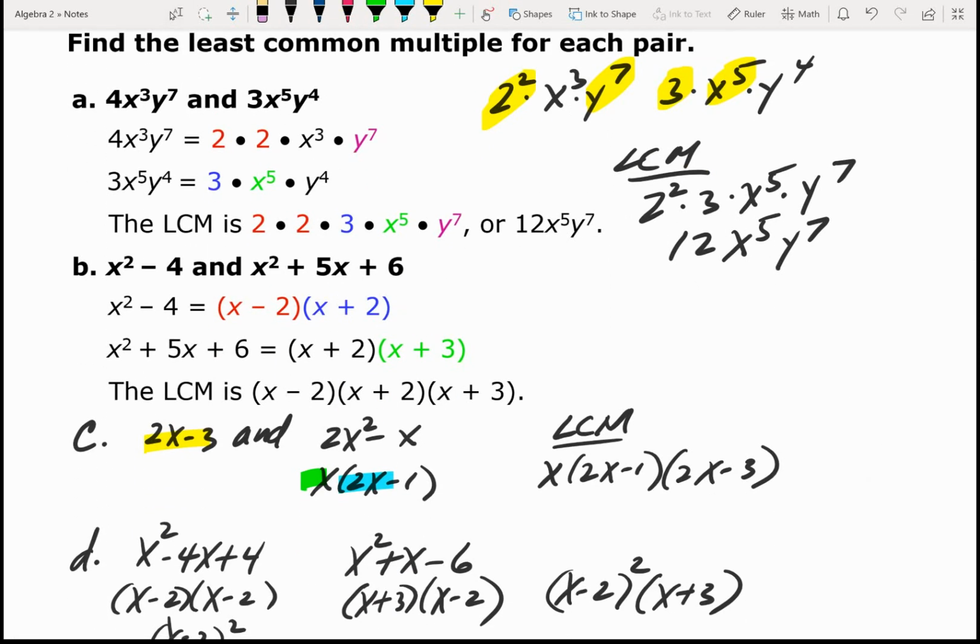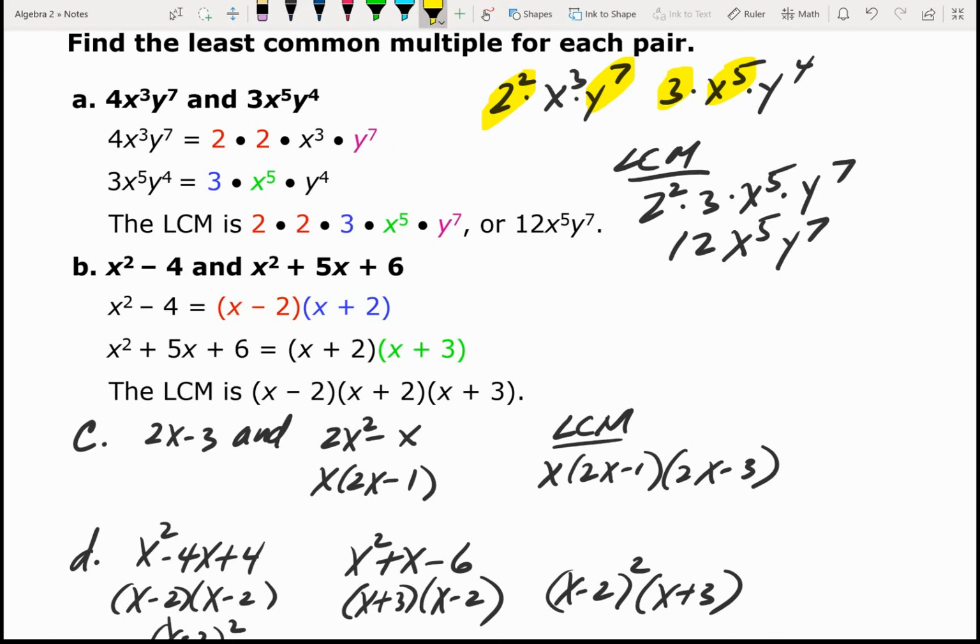So let's go over some more examples here. Here I have 2x minus 3 and 2x squared minus x. So again, the name of the game is factoring, and we need to find the least common multiple. So 2x minus 3 is one factor, and then 2x squared minus x, I have to factor that, so I factor out an x, and that leaves me with 2x minus 1.